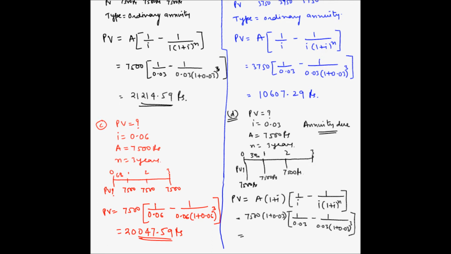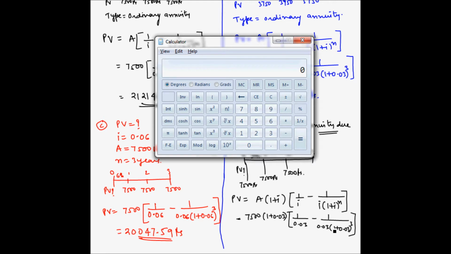So let me pull my calculator here. So let's first calculate this bracket. So 1 plus 0.03 cube, so 1.03 cube multiplied by 0.03, and reciprocal of this, so 1 by x, and this is negative, plus 0.03 reciprocal, so 0.03 reciprocal, this is equal to 2.8286 multiplied by 7500, so 21214.585.